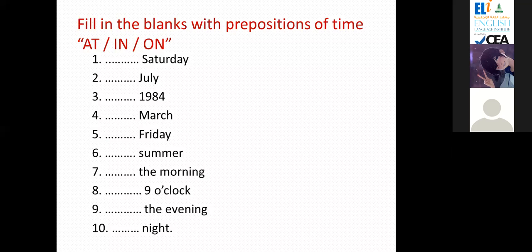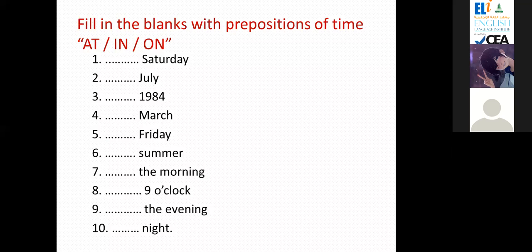Two, in July. Three, in 1983. March, in as well. Friday, days. So with days we use on. With months like July and March we use in. With dates we use in as well.